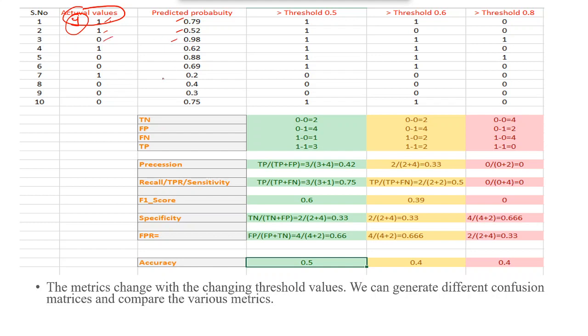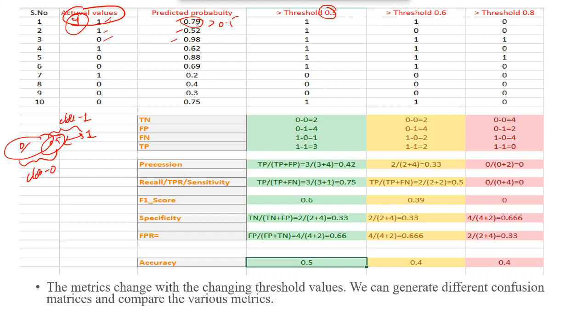Suppose I am considering the threshold value 0.5. Here the probability value 0.79 is greater than 0.5. So the values between 0.5 and 1 we consider as class 1, and between 0 and 0.5 we consider as class 0.